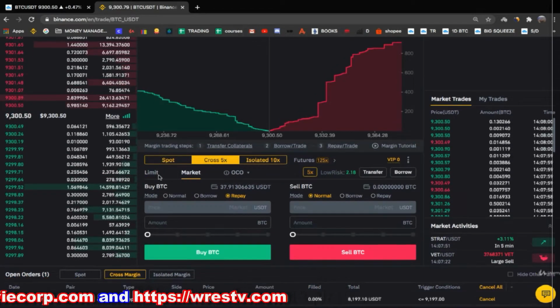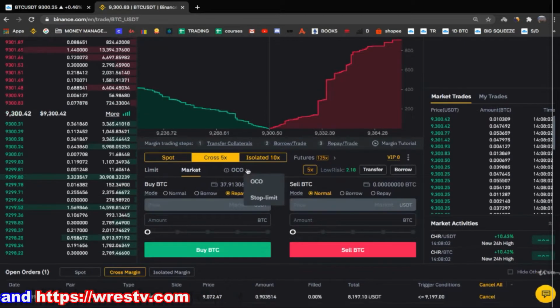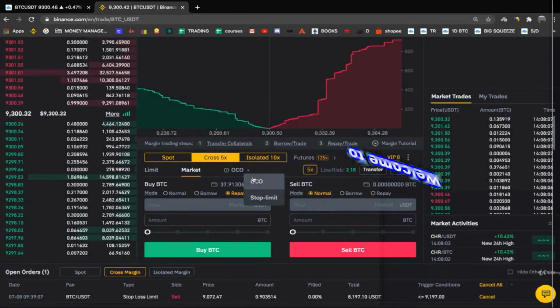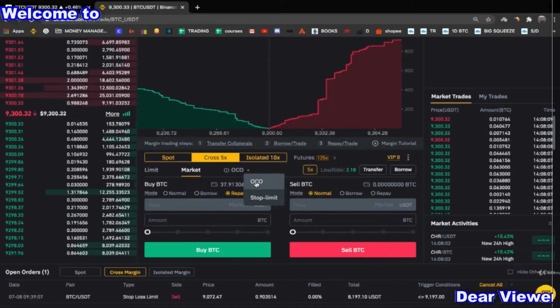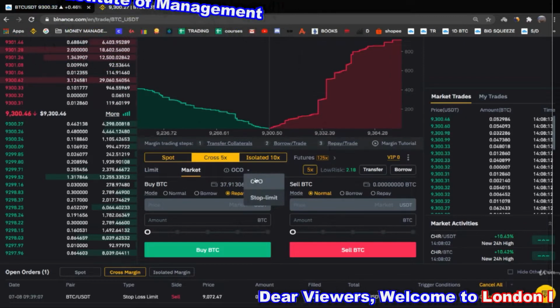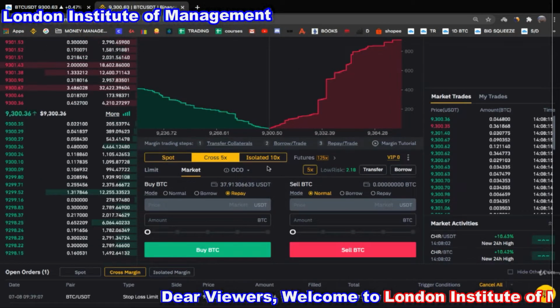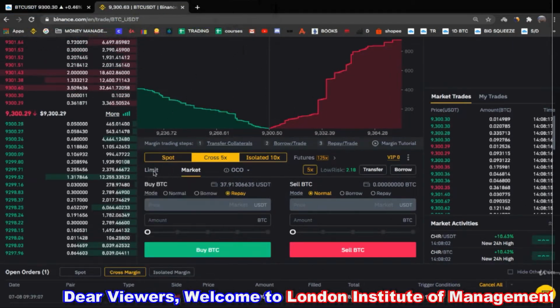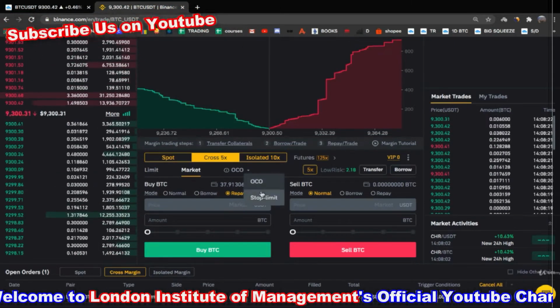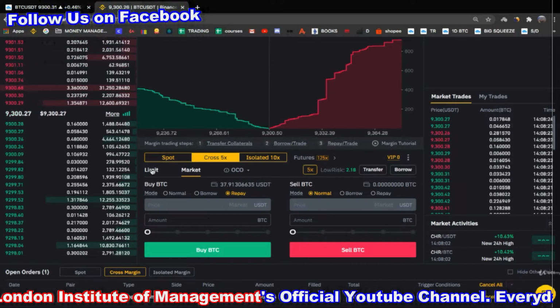So there are three types: limit order, market order, and OCO, which means one cancels the other one. And it has two options, basically the stop loss and the one cancels the other one. I will show you now and explain in what case you want to use which one.